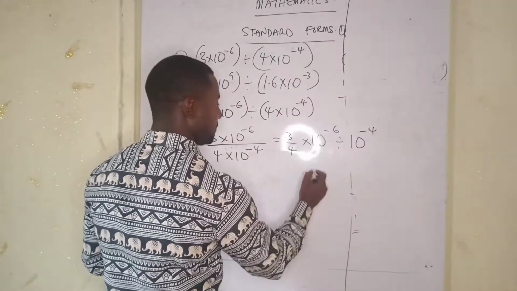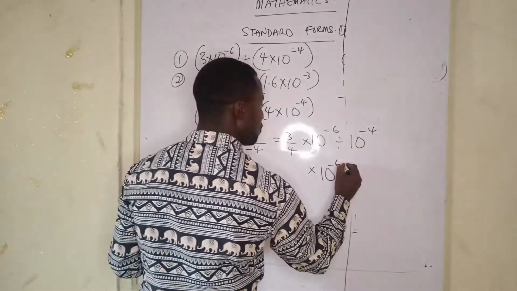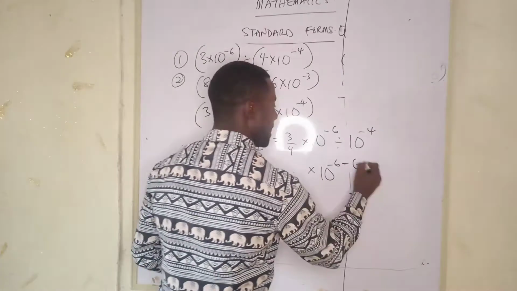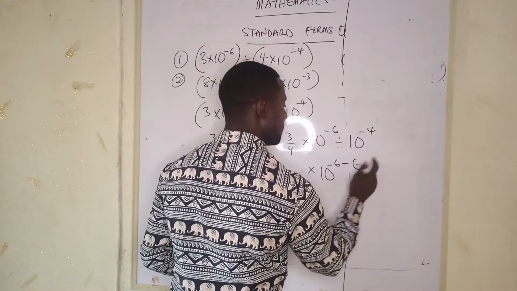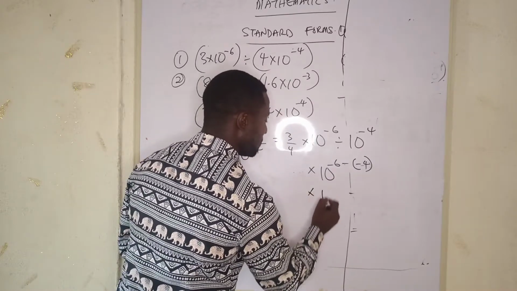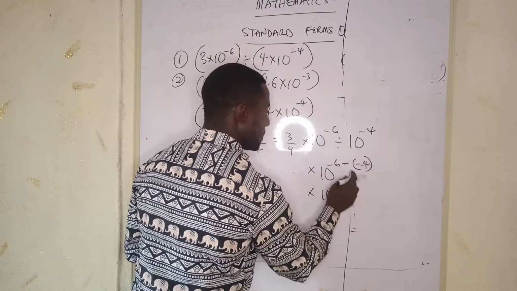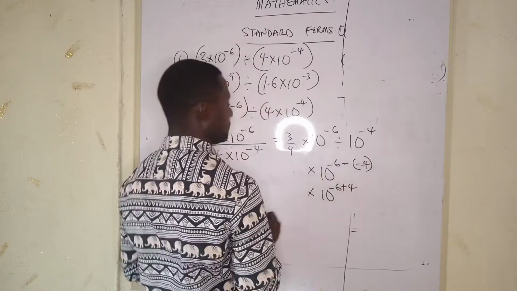Let's take this part first. Division will turn to minus, minus minus 4. Now, this will give you 10 to the power minus 6, minus minus 4, and minus and minus will give you plus 4.